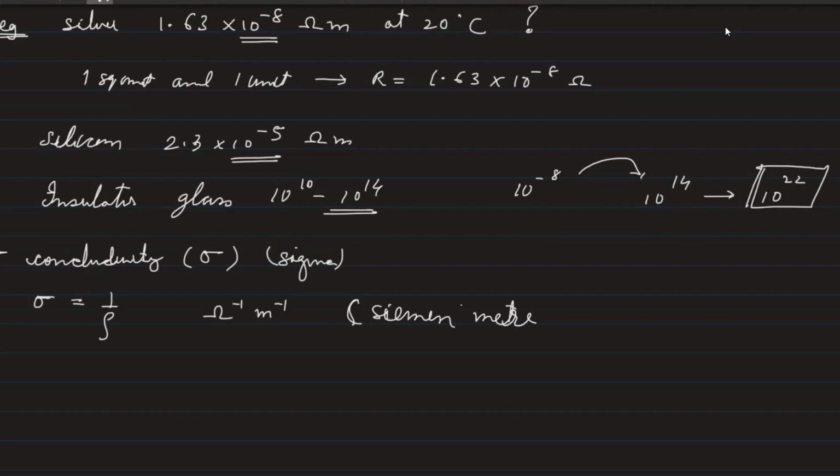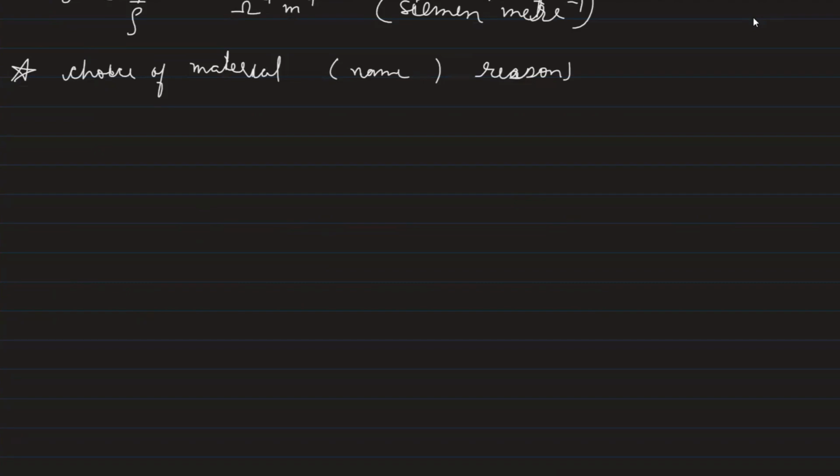For example, power transmission wires or wires for electrical connections: the materials are copper and aluminum. Why?